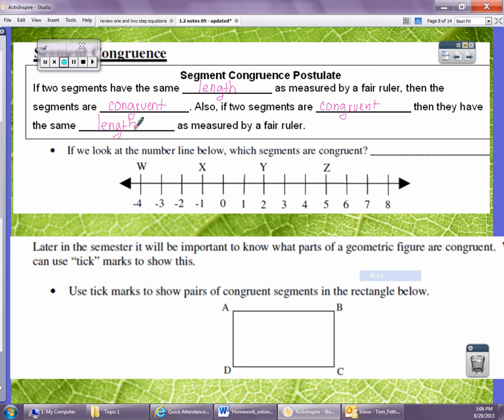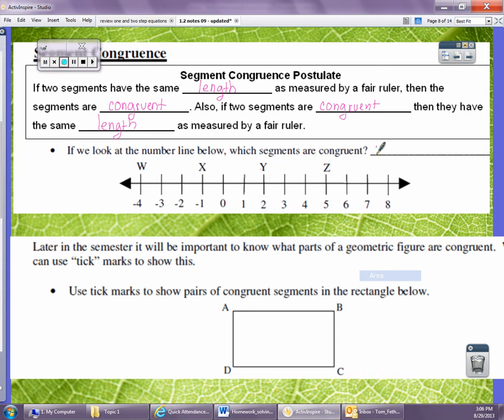So if we look at this number line below, which segments are congruent? If we look at WX, WX is 1, 2, 3 units long. Which other ones are 3? XY is 3 units, and YZ is also 3 units.